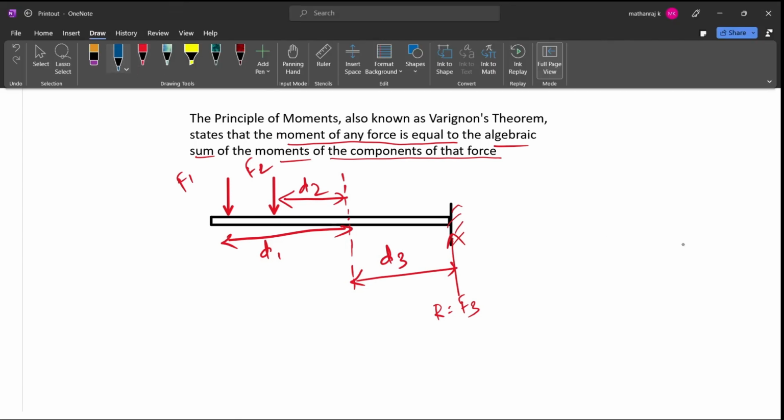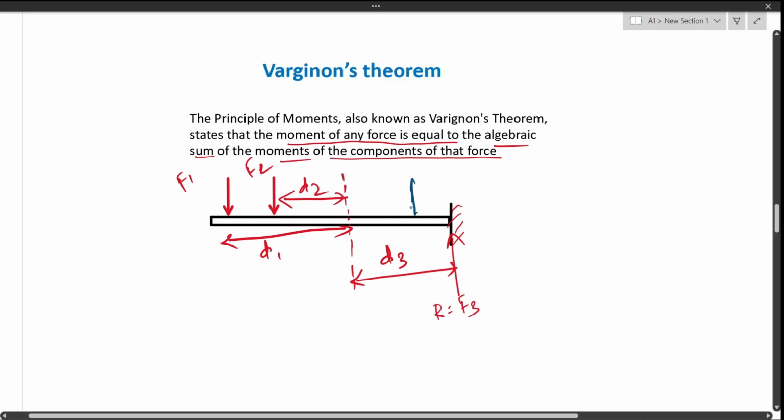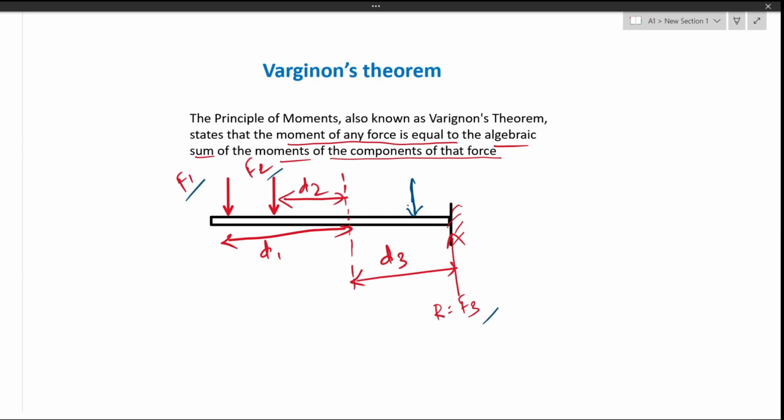Then you can consider one resultant force acting here. The resultant force is nothing but the resultant of these three forces. Consider this resultant force acting at a distance D from the considered point.